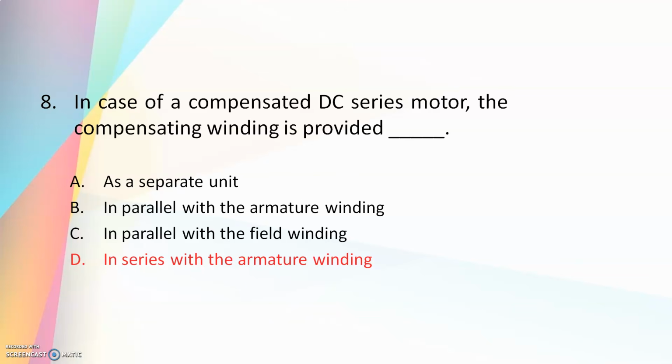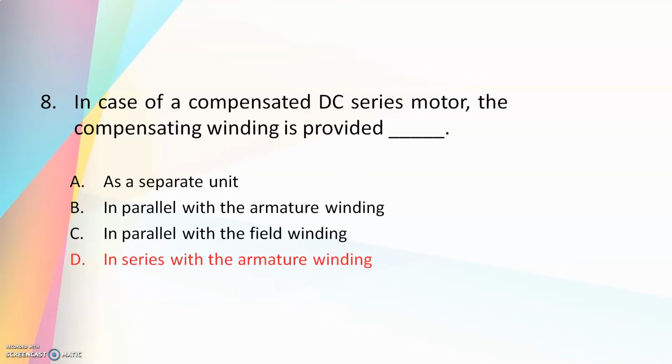In DC series motor, compensating winding is provided in series with the armature windings to neutralize the cross-magnetizing effect of armature reaction, outside the effect of interpolar winding. Armature reaction has two effects, the cross-magnetization and demagnetization. So this is to take care of the cross-magnetization effect.